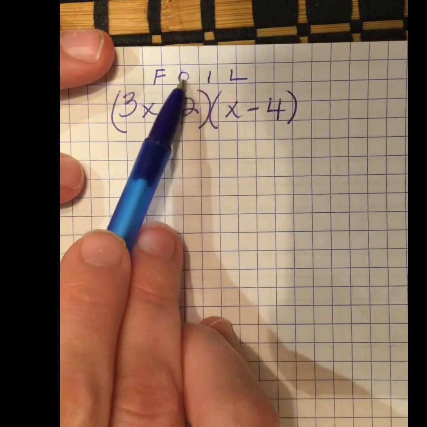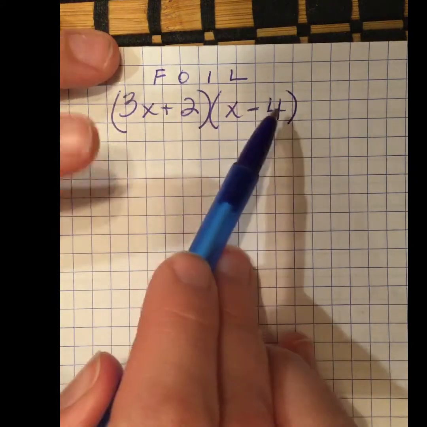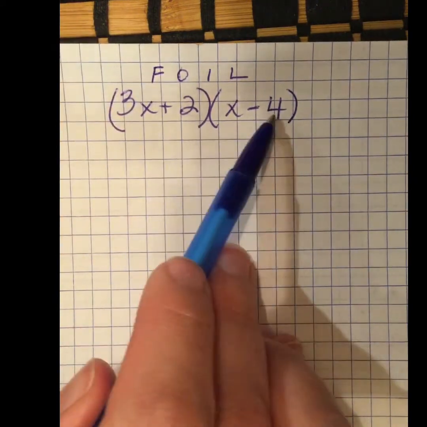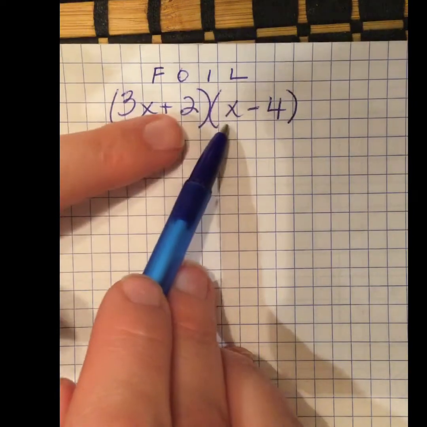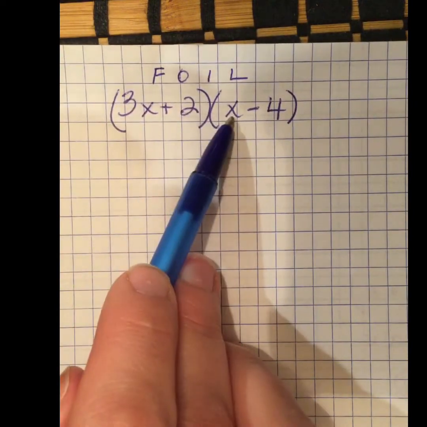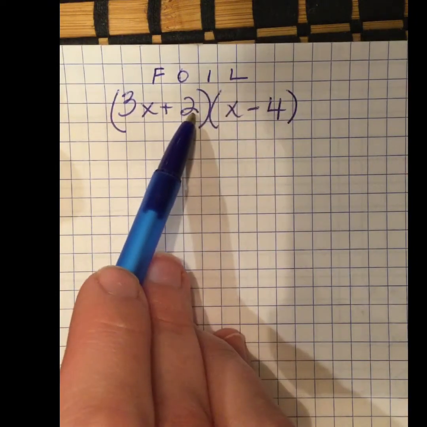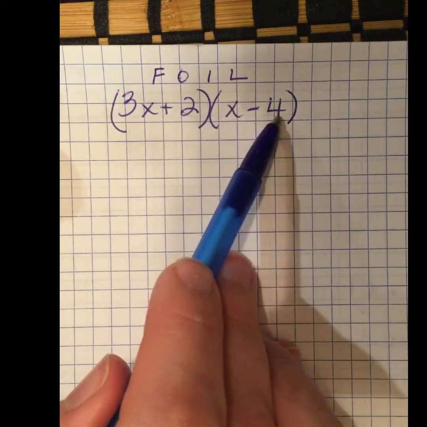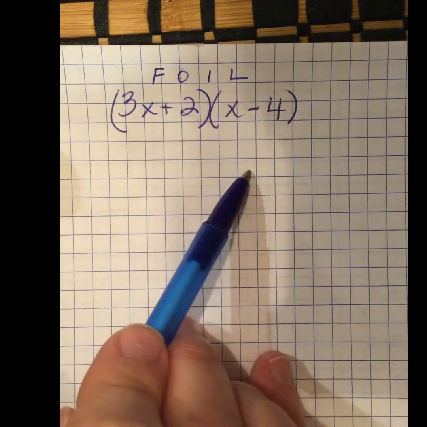And then multiply the outer terms, which would be this 3x and the negative 4. They're on the outside. Multiply them, write it down. Then do the inner terms, so the ones on the inside, the 2 and the x. Multiply them, write it down. Then do the last, which is 2 and negative 4. Multiply them, write it down. Make sure there's no like terms, done.